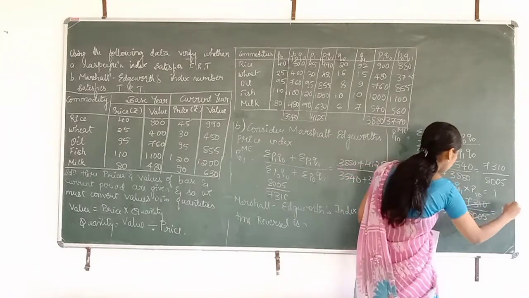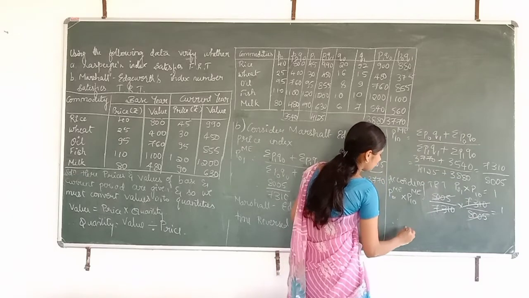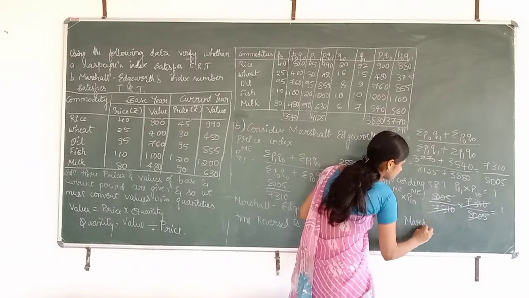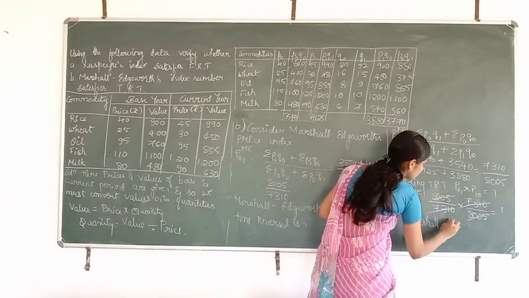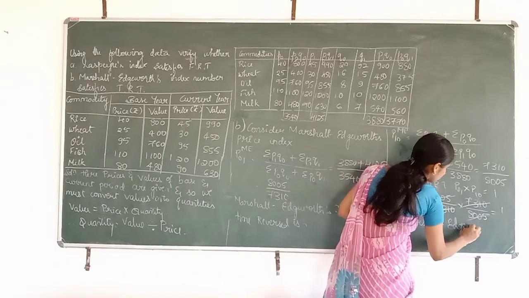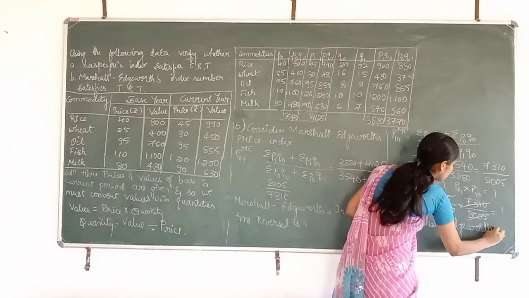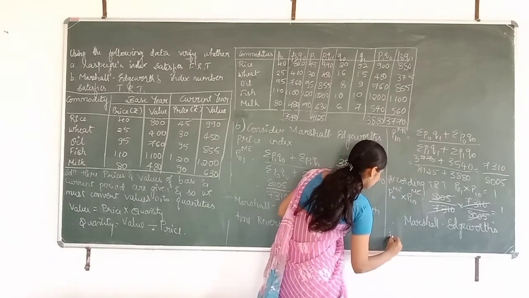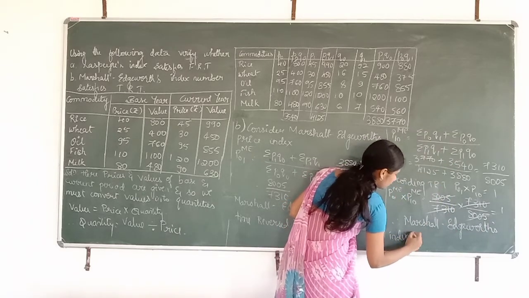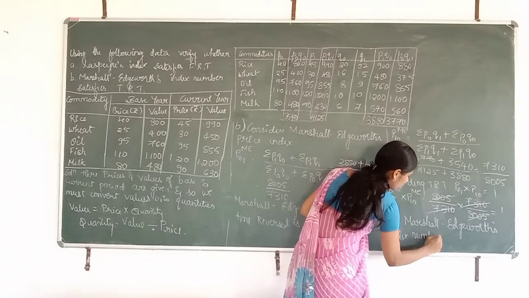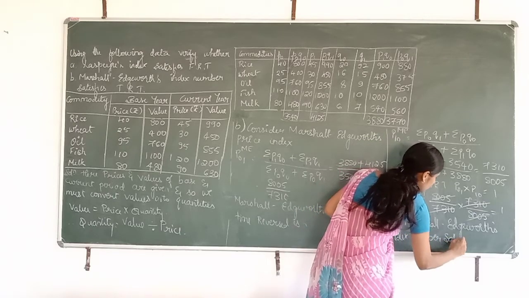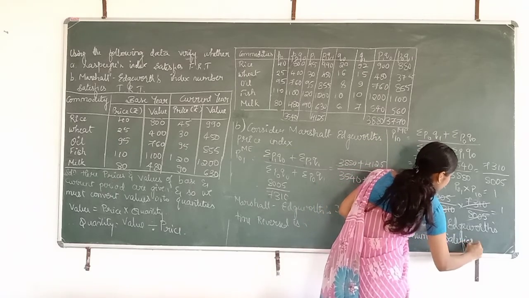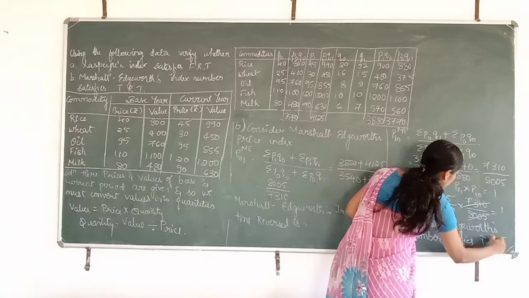So it is equal to 1. So therefore we can say that the Marshall-Edgeworth index number satisfies TRT, that is the time reversal test.